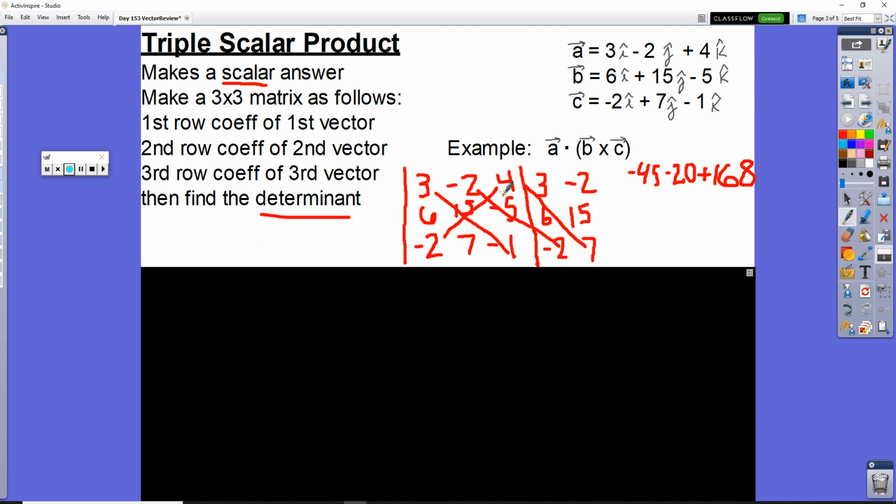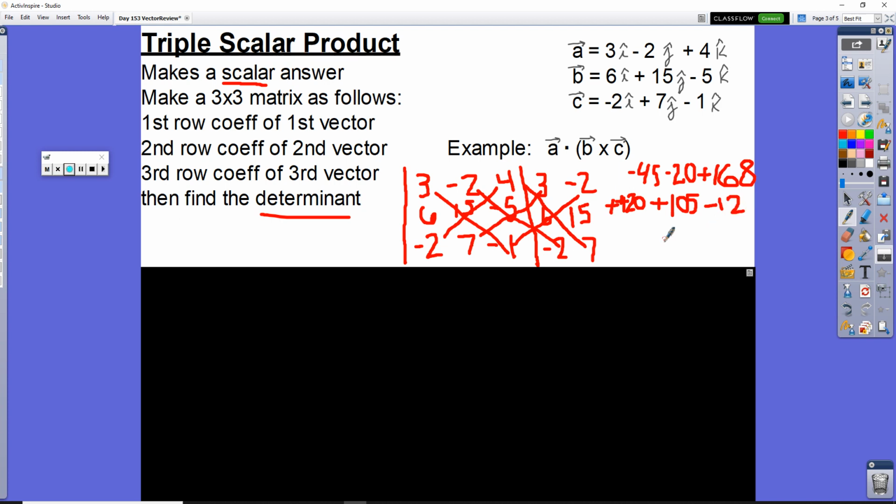Negative 2 times 15 times 4 is going to be minus 120, which is like adding 120. And then 3 times negative 5 times 7 would be negative 15 times 7, which is negative 105, but it's going the wrong way, so minus is like adding the 105. And last but not least, this is 12, but it's going the wrong way, so we're subtracting.